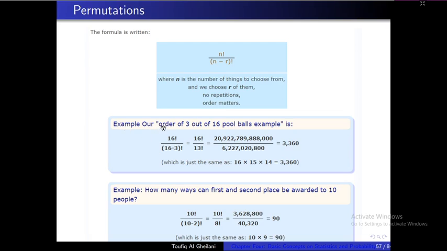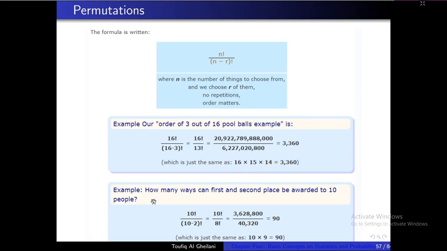Example, our order of 3 out of 16 balls example is 16 factorial over (16 minus 3) factorial, which equals 16 factorial over 13 factorial. That will give us, by your calculator, 3360, which is just the same as 16 times 15 times 14.